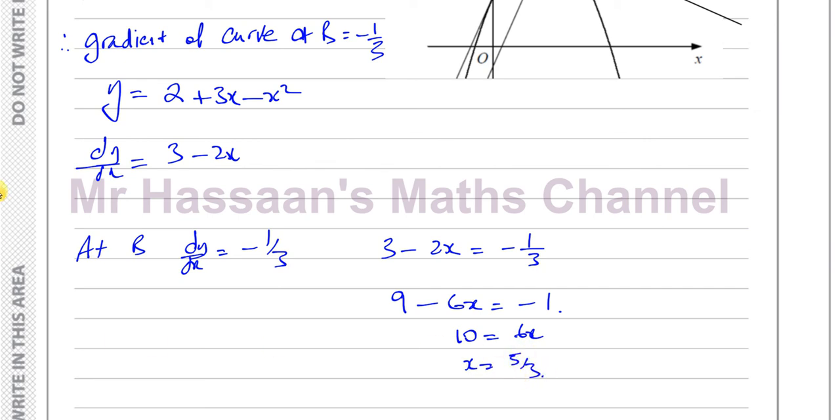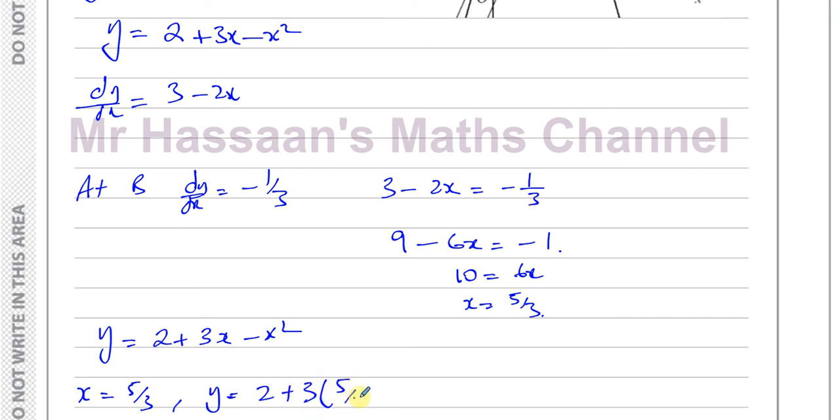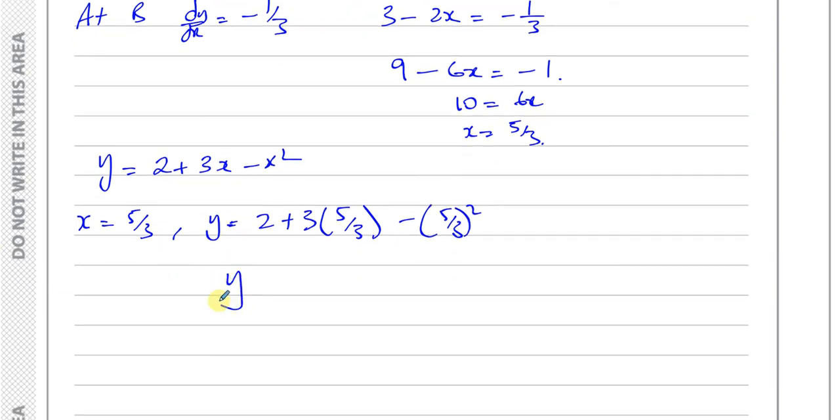And to find the y coordinate of B, we say y is equal to 2 plus 3x minus x squared. So when x equals 5 over 3, y is going to be 2 plus 3 times 5 over 3 minus 5 over 3 squared. Okay, when you calculate that, that's going to cancel with that. You get 2 plus 5 minus 25 over 9.